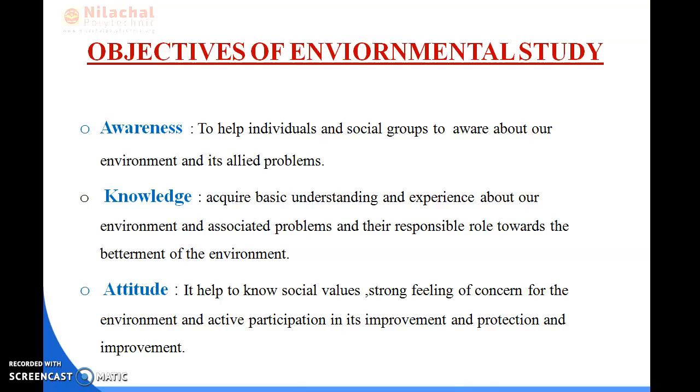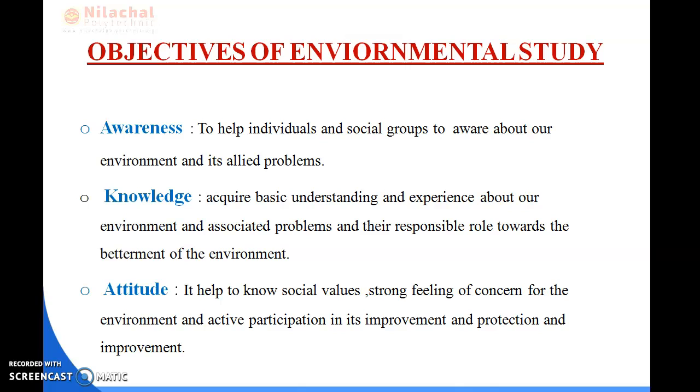Then how can we create awareness and protect the environment, or what are the methods and systems that we require for awareness? The first one is awareness. How can awareness protect the environment?